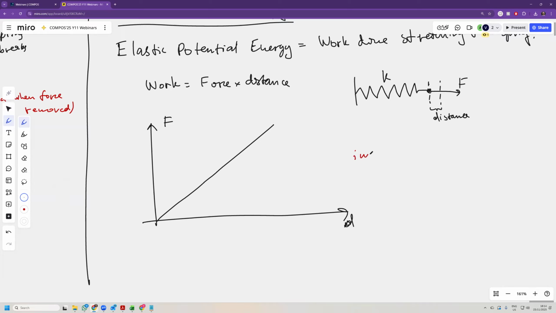So imagine the force changes in jumps. So sort of gradually, but not really gradually. So imagine the force starts at 0, then increases like this, like this.